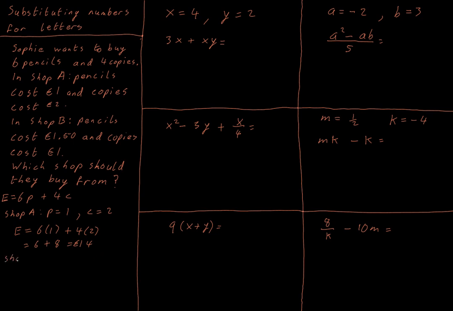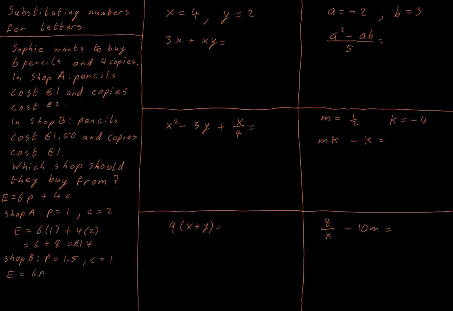Now what is it in shop B? Well, in shop B, the pencils have a different cost. So this is why we call our letters variables, because in different shops they have different costs. So it's €1.50 for a pencil in shop B, and the copies cost €1. So now I go to my expense.